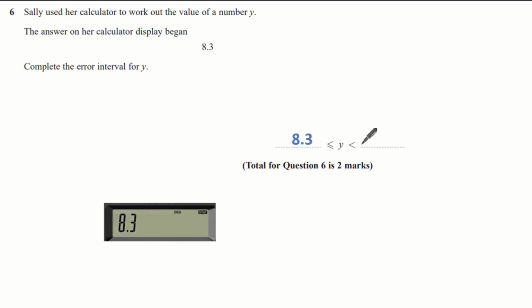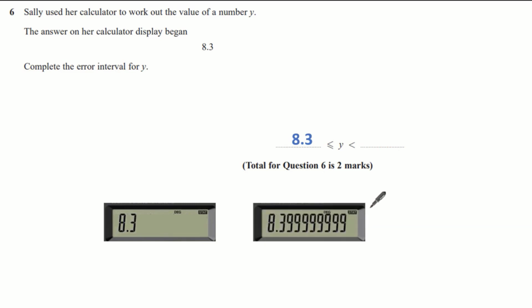Now let's have a look at the highest value in our error interval. Well, imagine on a calculator screen, for it to be 8.3999, and those 9s going on forever. Now, to illustrate this on our error interval, we must state that it's less than 8.4. That means it doesn't include the 8.4, and you can see it satisfies the calculator display of being 8.39 recurring.